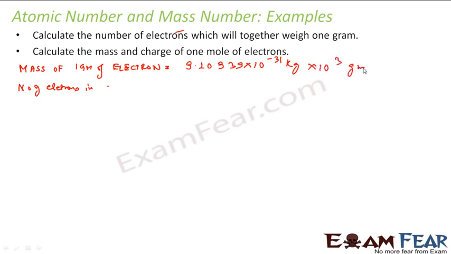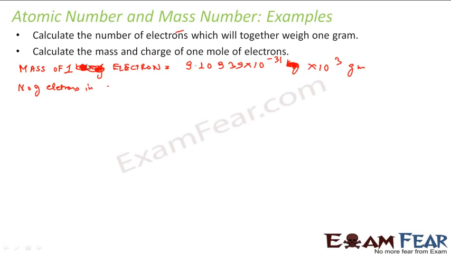This becomes grams. So these many grams is the mass of 1 electron. Correct. Mass of 1 electron is this many grams.